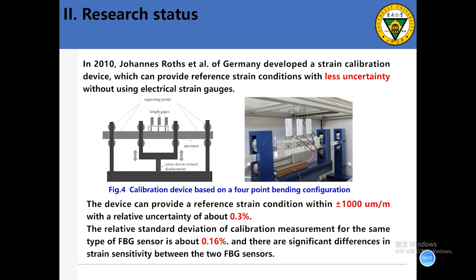The relative standard deviation of calibration measurement for the same type of FBG sensor is about 0.16%, and there are significant differences in strain sensitivity between the two sensors.